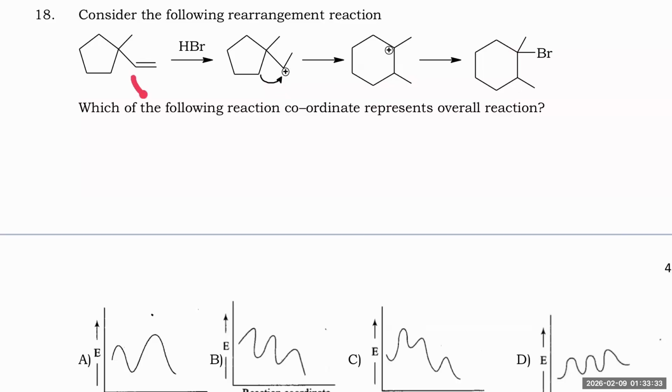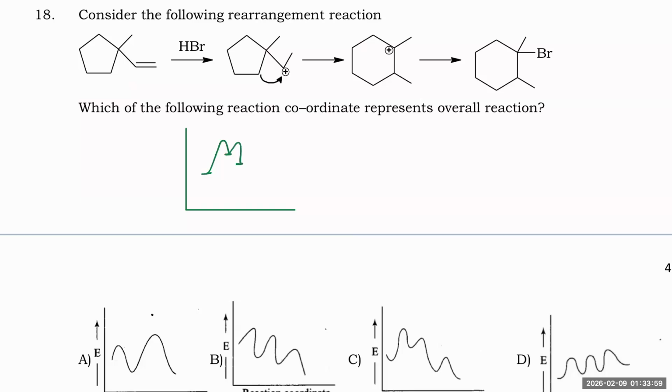So can I say here there will be one transition state, here there will be one transition state, here there will be one transition state. So there are three transition states and two intermediates. And remember, addition is always exothermic. Elimination is endothermic, addition is exothermic, which means your graph should be something like this. If you start from here, first you should become a first carbocation.